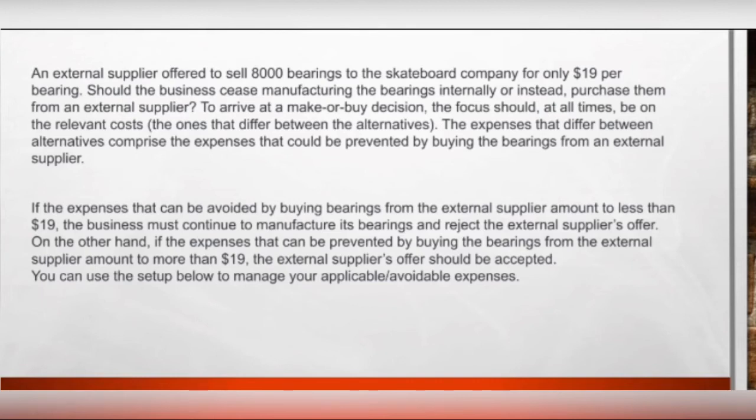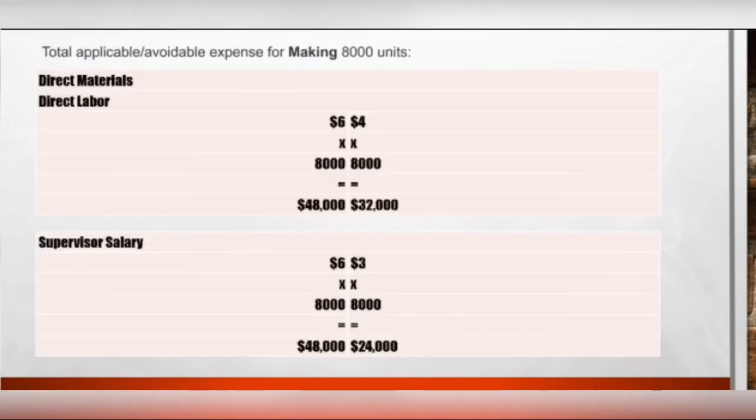If the expenses that can be avoided by buying bearings from the external supplier amount to less than $19, the business must continue to manufacture its bearings and reject the external supplier's offer. On the other hand, if the expenses that can be prevented by buying the bearings from the external supplier amount to more than $19, the external supplier's offer should be accepted. You can use the setup below to manage your applicable avoidable expenses.